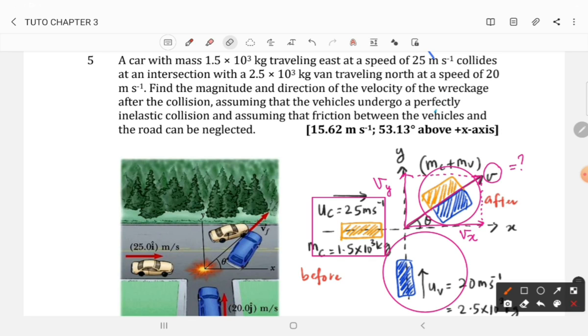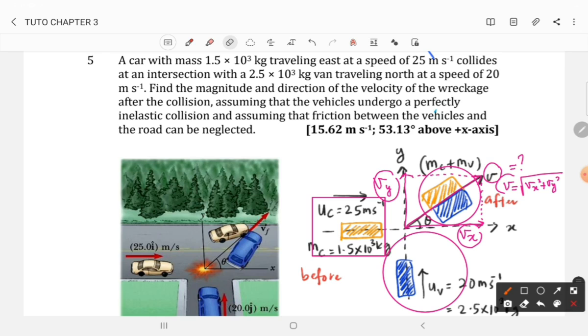This vector v is actually represent the hypotenuse of vx and vy. So to get this hypotenuse v, you can use the Pythagoras theorem, which is v is equal to the square root of vx squared plus vy squared.